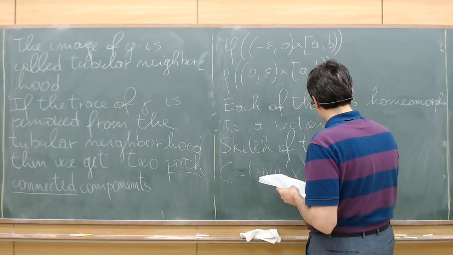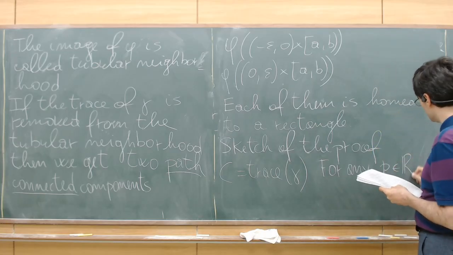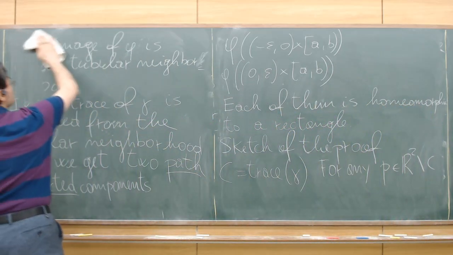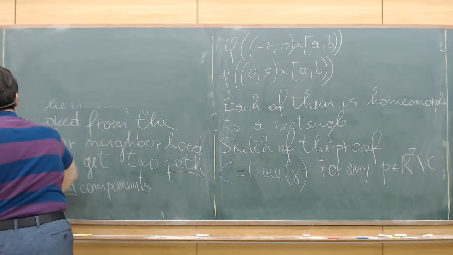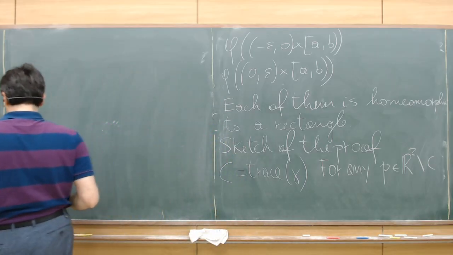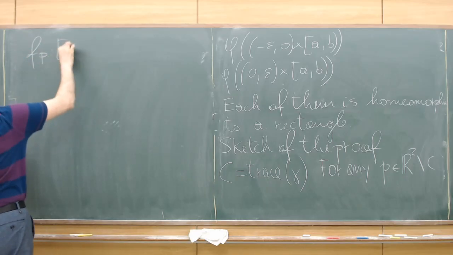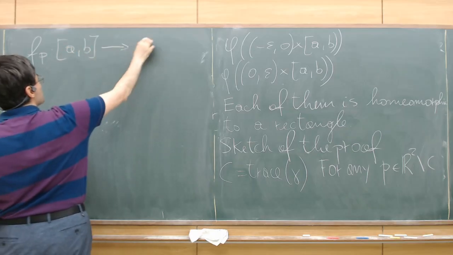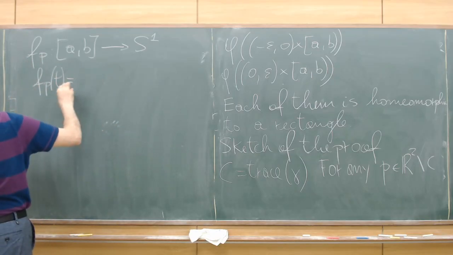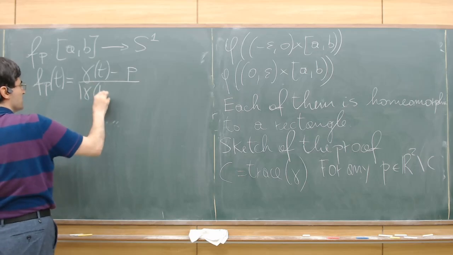Then for any P in R2 minus C, we define a function f of P defined on AB with values in S1, given by the following formula: f_P of t equals gamma of t minus P divided by its length.